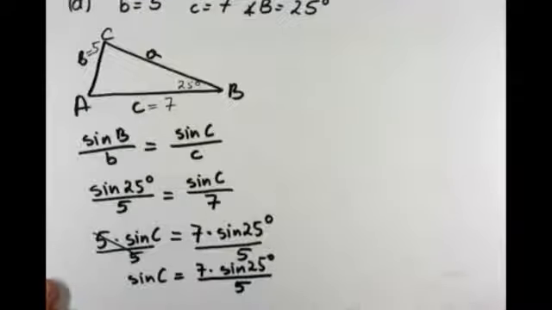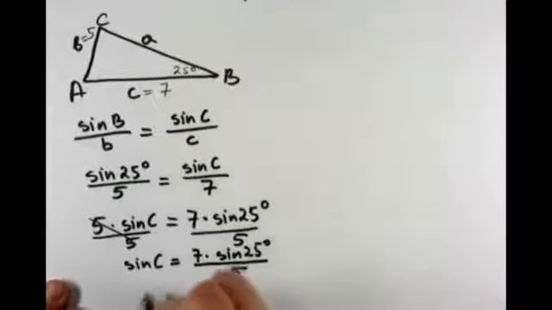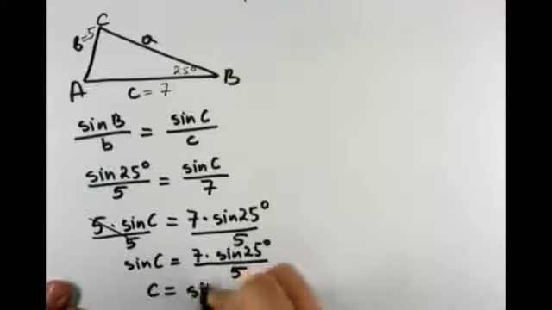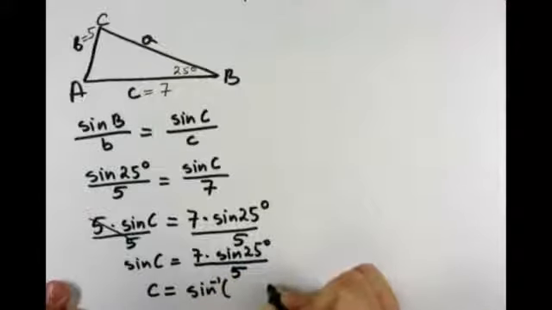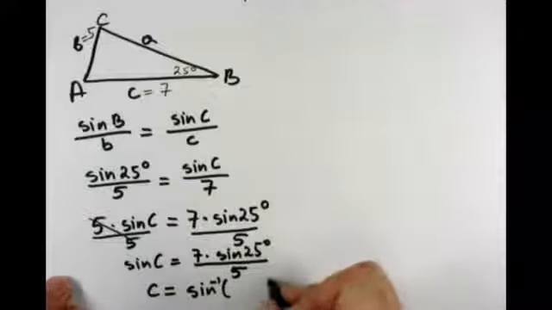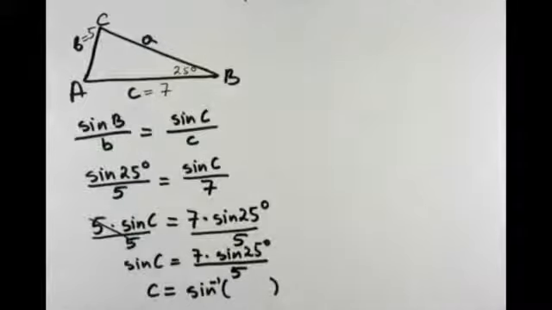But that's sine C. To get C, we do need to take the inverse, sine inverse. So C is sine inverse of this value. So we can punch this value on the calculator. Make sure you put brackets. 7 times sine 25 divided by 5 gives me 0.59.